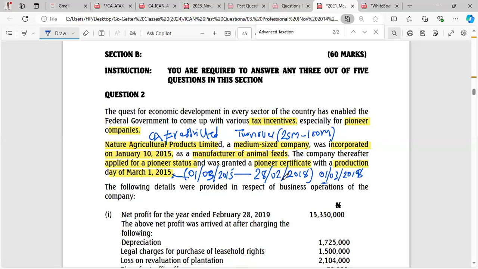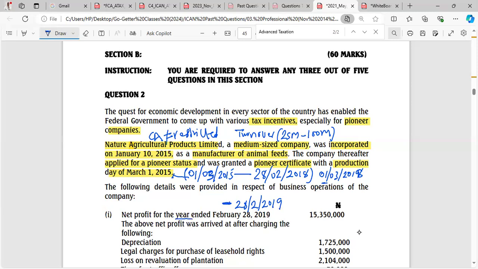Now they said the details were provided in respect of business operations of the company. And now you are seeing net profit for the year ended February 28, 2019. So what does it tell you? When they said year ended, that means it must be 12 full months.